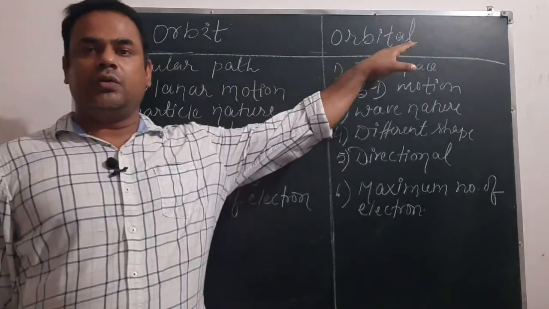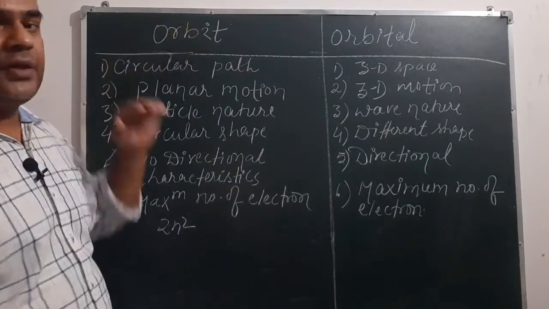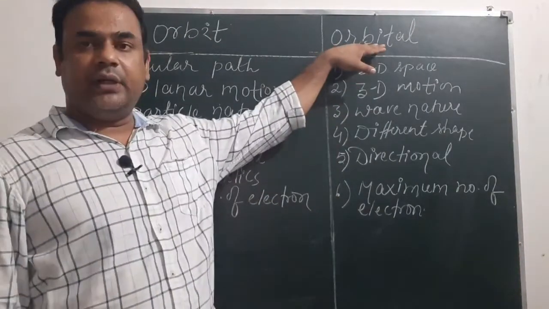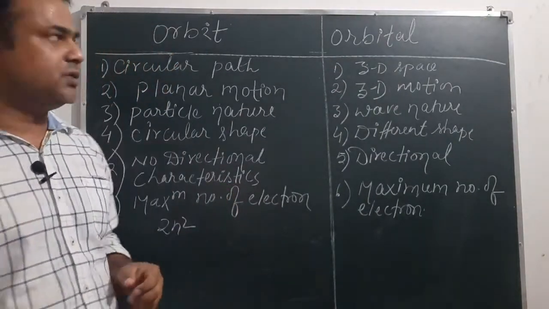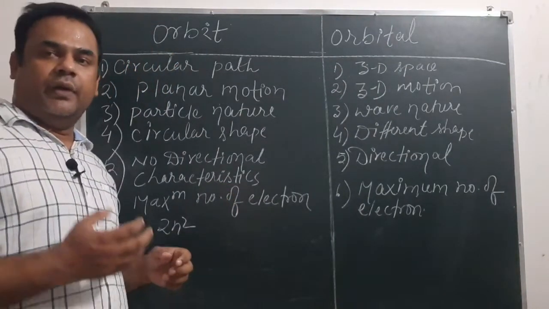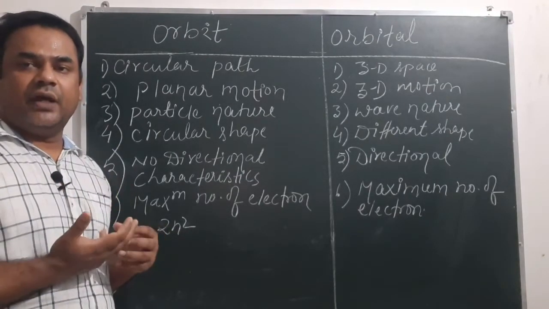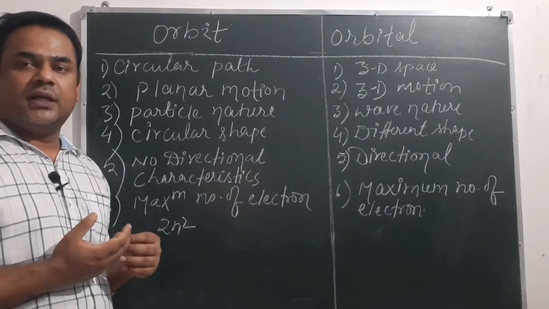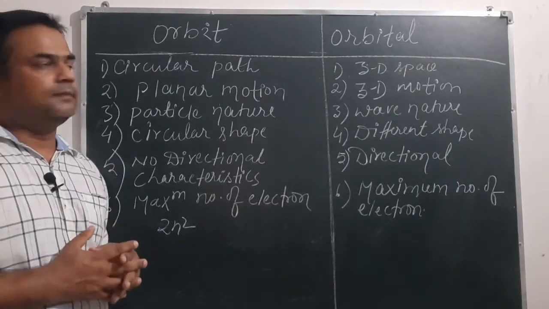But when we talk about the orbital, remember that orbit is based on the particle nature of electron, and the orbital concept is based on the wave nature of electron. In wave nature, we assume that the electron is like a wave, like a cloud, and in particle nature, we assume that the electron is a particle, it has certain mass and momentum.